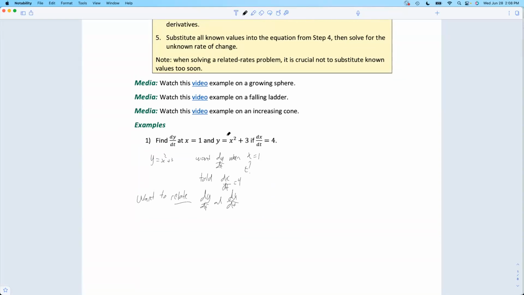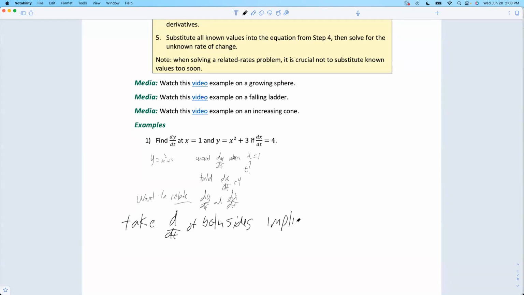Okay, so the way we're going to do that in this case is take the derivative with respect to time. Take d dt of both sides. And this is pretty much what you're going to do every single time. You're going to take the derivative with respect, and it's almost always time, of both sides.